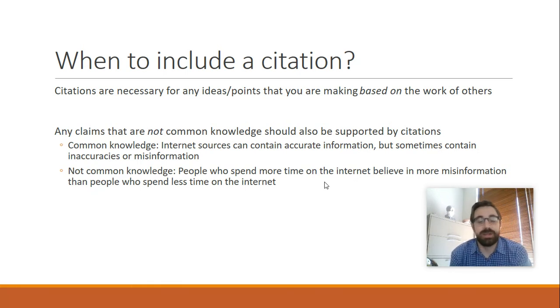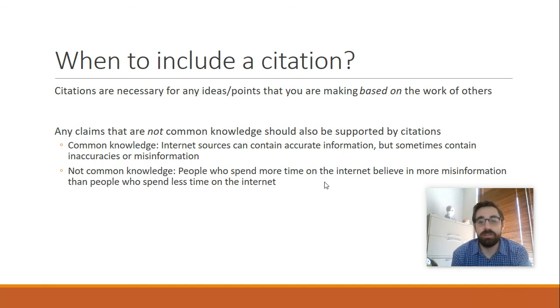So compare these points. Internet sources can contain accurate information, but sometimes contain inaccuracies or misinformation. This is common knowledge, right? This is just telling the reader about something that most people already know, that internet sources can contain both true and false things. That doesn't require a citation.